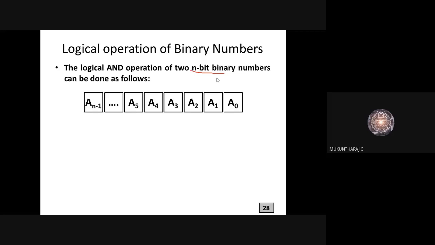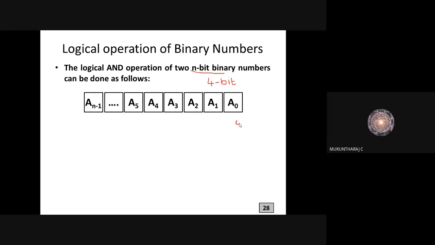For example, if I assume the n value is 4, that is, I am taking 4-bit length, then how can I represent the bit positions? With n equal to 4, the MSB is represented by n minus 1, and the LSB is A0.